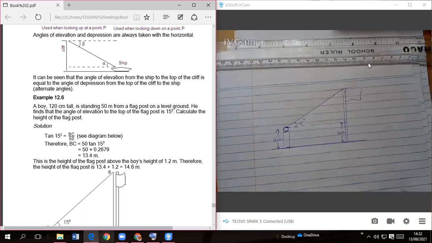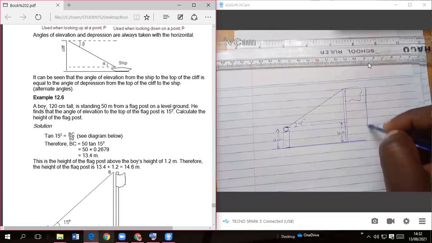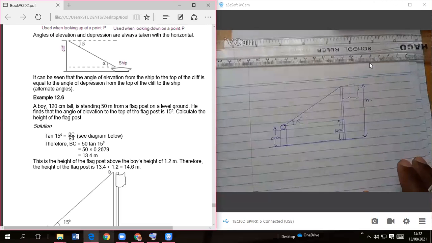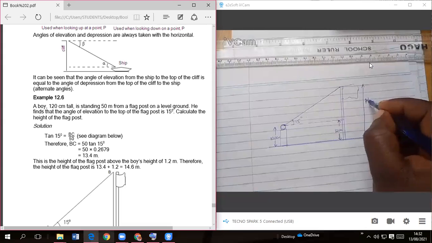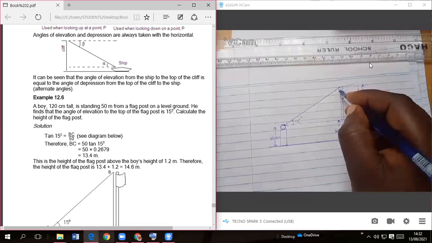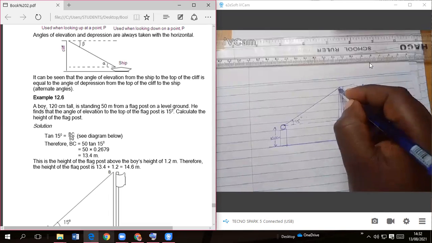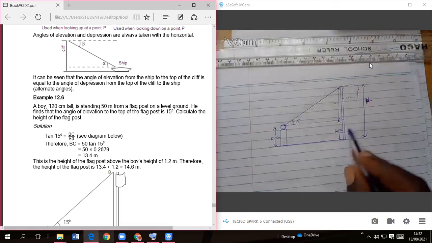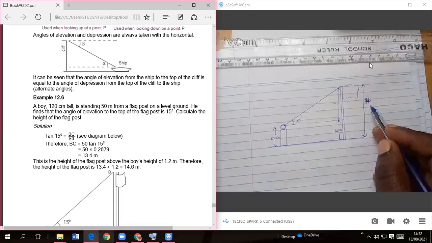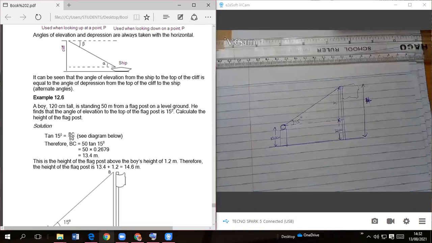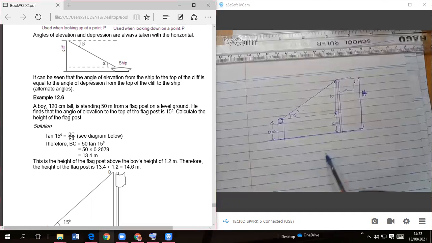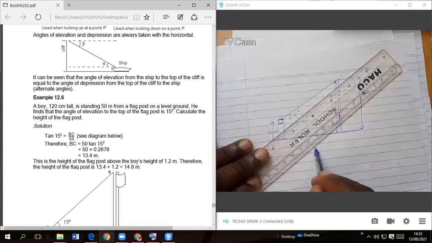They are asking for the height of the flag post, let me call it capital H. First we are going to get this distance here, which we call small h. We get that small h and add it to this, and we shall be able to get the capital H, which is the height of the flag post. To do that, I will extract out this right-angled triangle here, and I'll come and draw it. So I have this triangle.